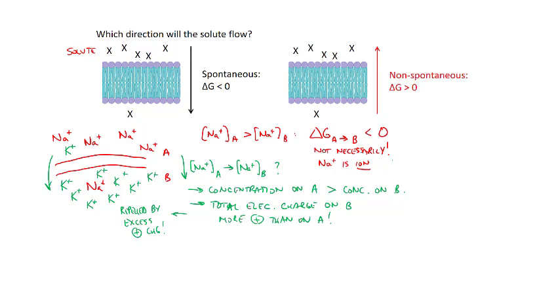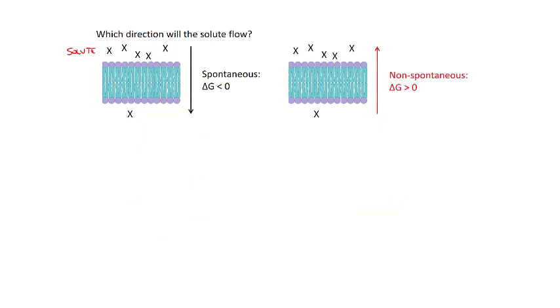So what that means is that for an ion, you can't just look at concentration. You have to look at other factors as well. So for anything with an electrical charge, our expression for the delta G becomes more complicated. This is the expression.